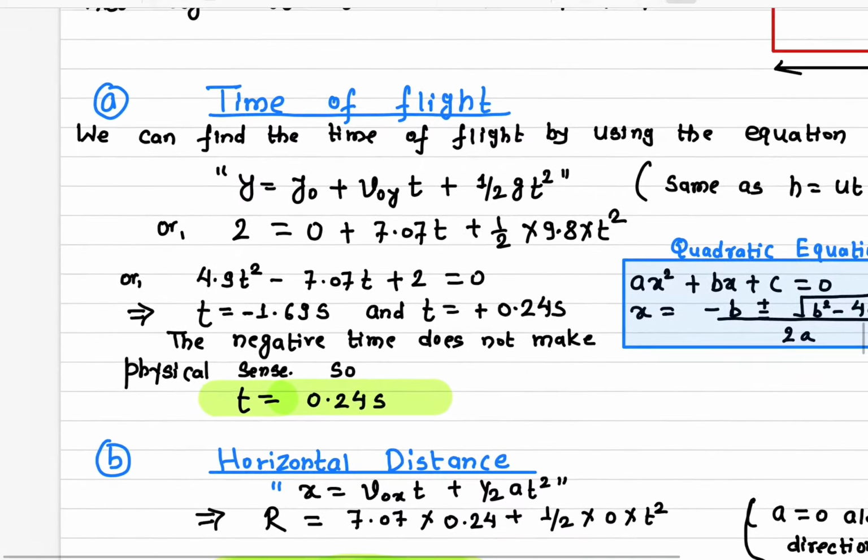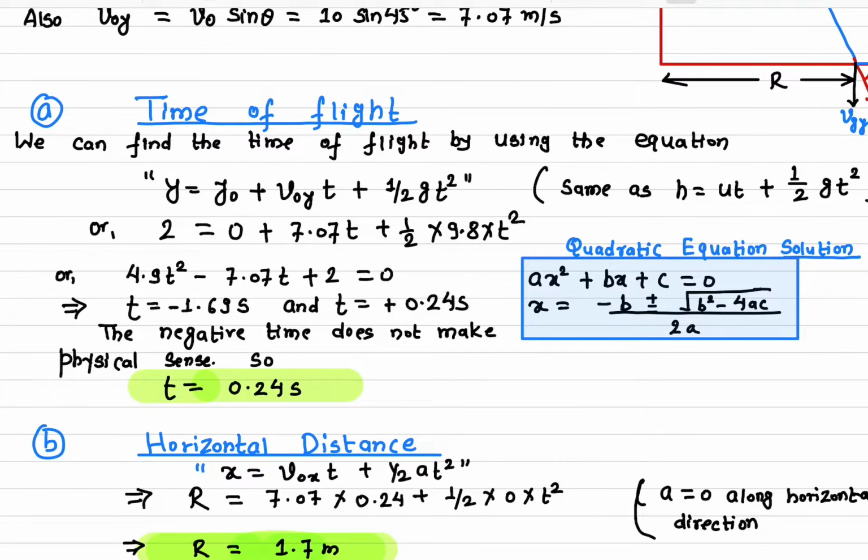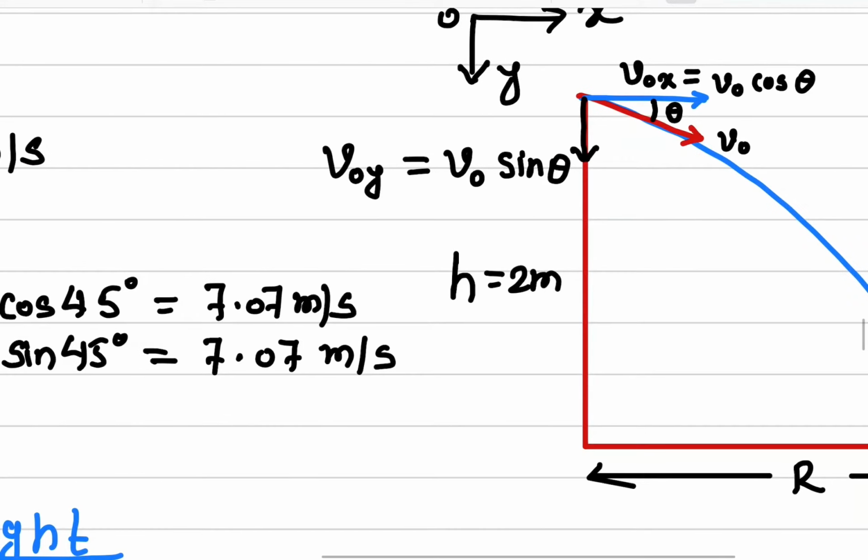For the time of flight, we're going to calculate using the equation along the y-axis. So this is the equation, and remember here we have chosen this as our origin, this as our x-axis, and this as our y-axis, downward, just for convenience.